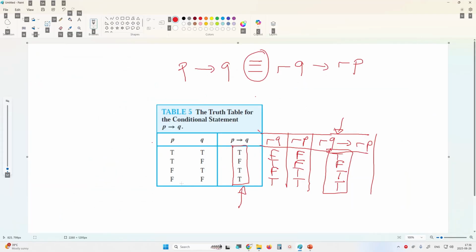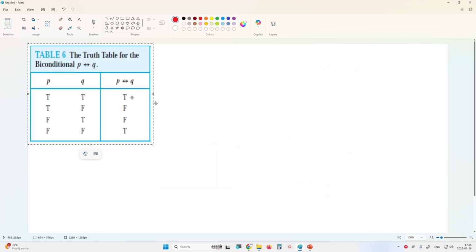Again, we're going to do a proof by the truth table. I'm going to do the same proof using truth tables.